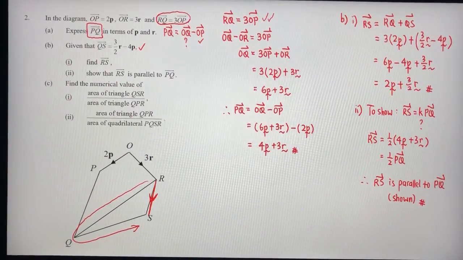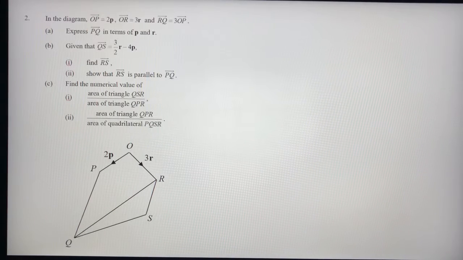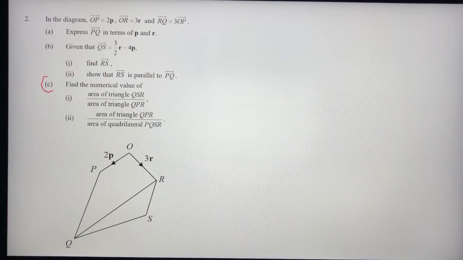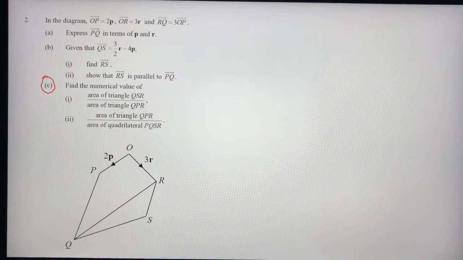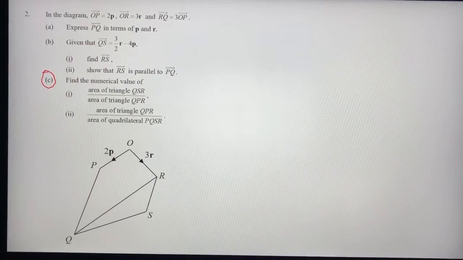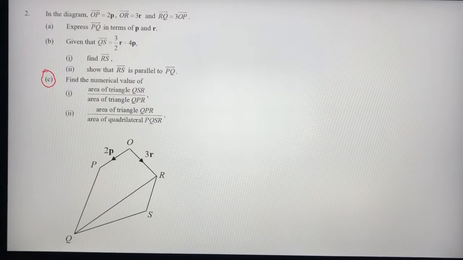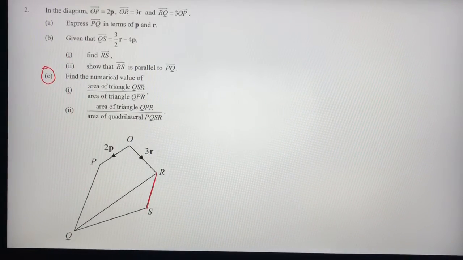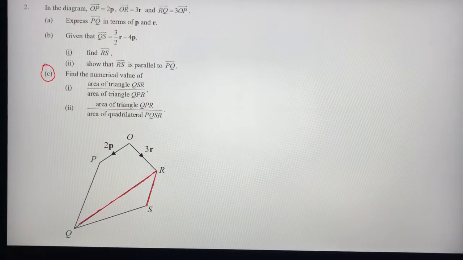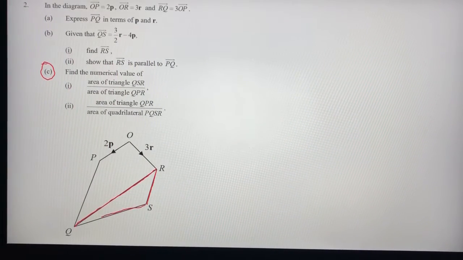Part C of the question requires us to find the numerical value of the ratio of the areas of triangles. So firstly, let's take a look at part 1. Part 1 asks us to find the area of triangle QSR over the area of triangle QPR, sorry.